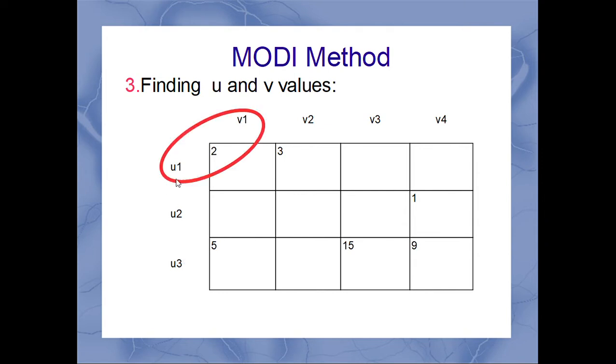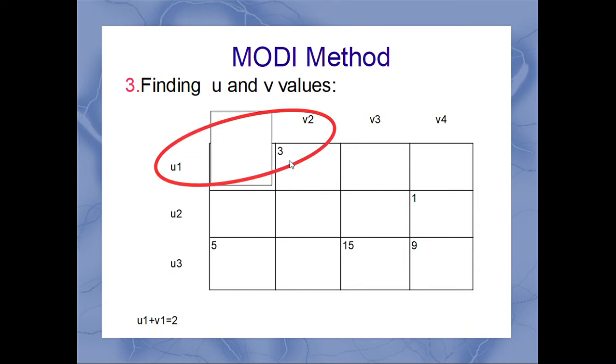Here u1 plus v1 equals 2. For the cost value which corresponds to u1 and v1, that is, first row and first column, we have the equation u1 plus v1 equals 2. For the value 3, the equation is u1 plus v2 equals 3.